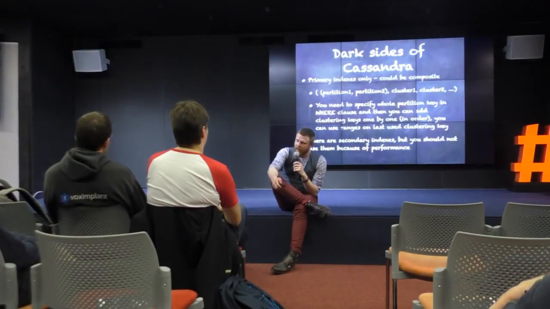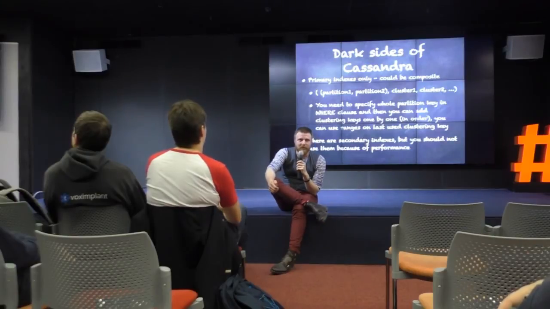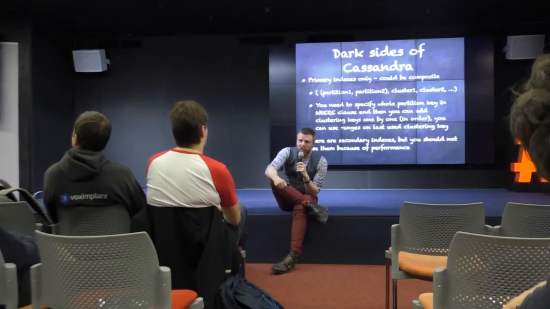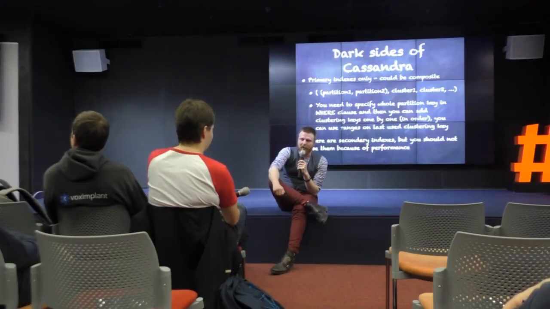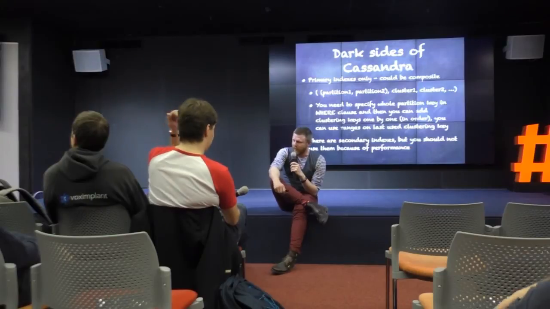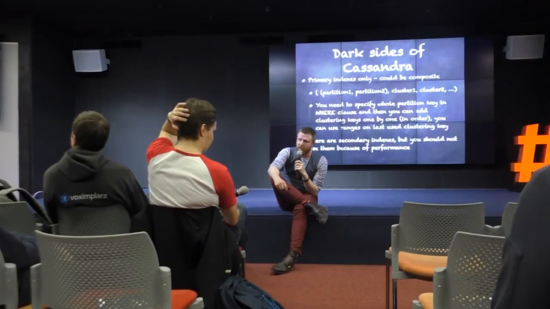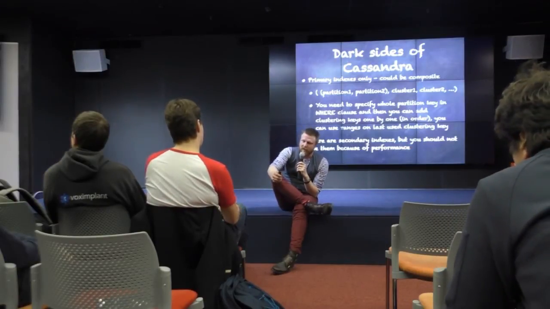And it has some crazy things with primary indexes. If you want to go into the detail, just come to me with a beer and we can discuss it, because it's so crazy. You can specify one primary index, and then the documentation says that there are some secondary indexes, but don't use them, they are too slow.